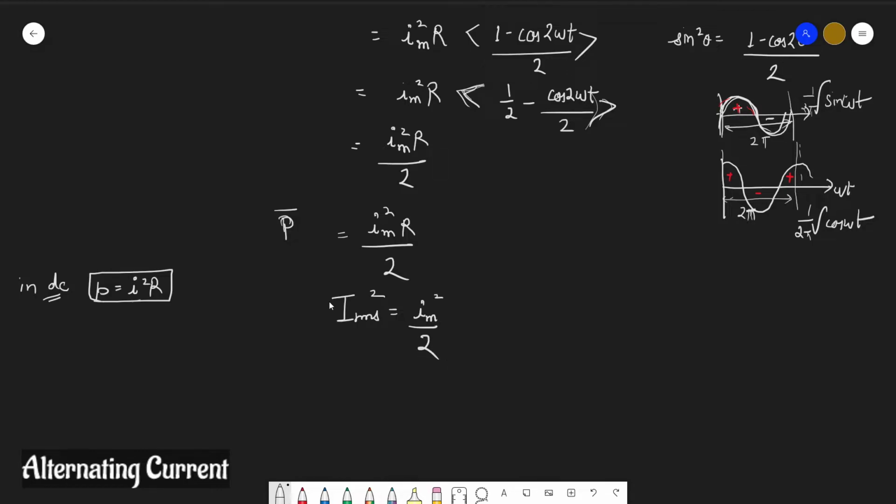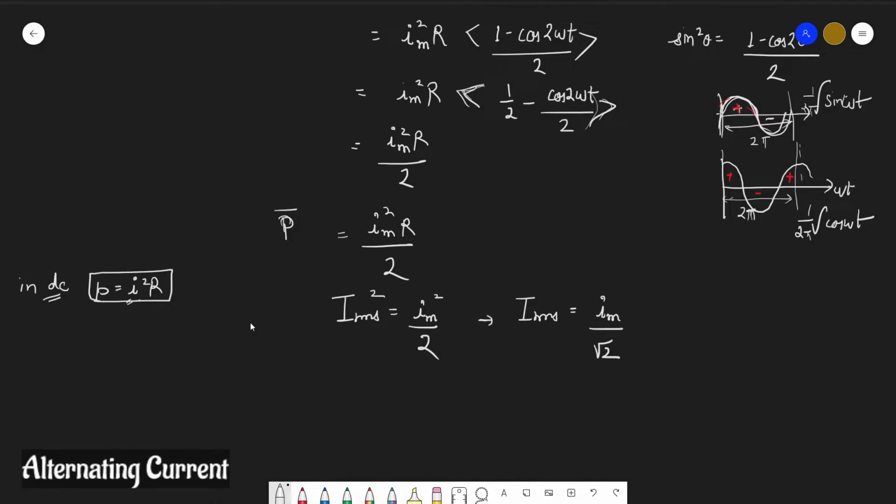Why? Because according to my analogy, the RMS values are the equivalent values of voltage and current which are equivalent to the DC. So if I say Irms square equals Im square by 2, that means Irms is Im by root 2.